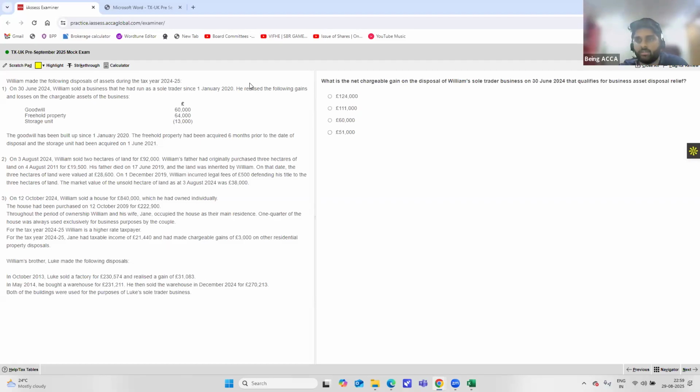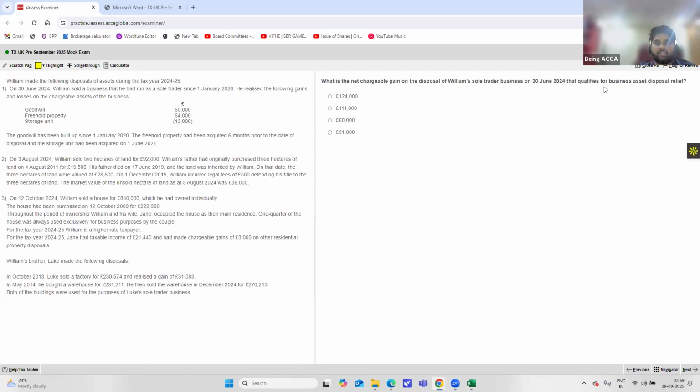Is that one of the conditions? Yes, no? Substantial sale of business. Okay, the other point, how much period of ownership should be there before it has been disposed? 3 years of holding. Correct.